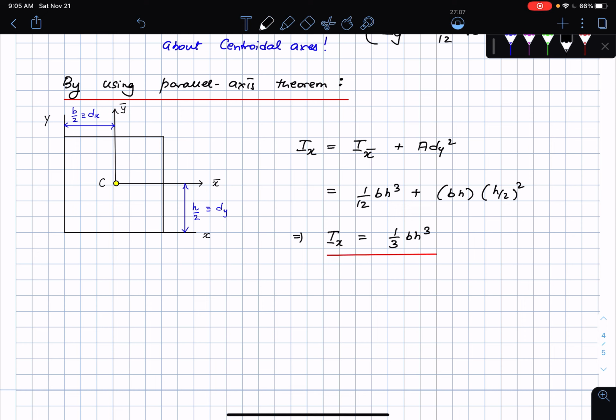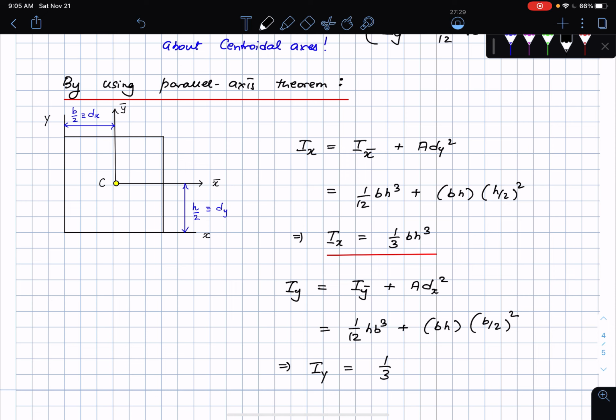Likewise, you can also do Iy is equal to Iy bar plus A times dx square, the distance between the two parallel axes. This is going to be 1/12 hb cube plus base times height times b by 2 whole square, or Iy will end up being 1/3 hb cube.